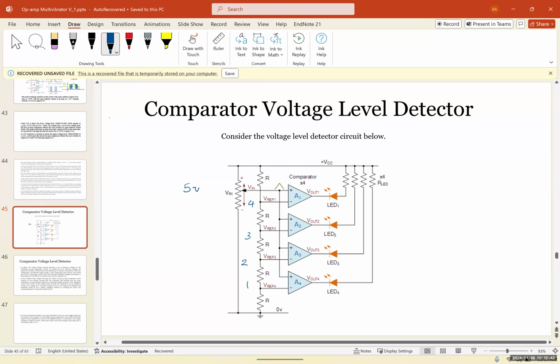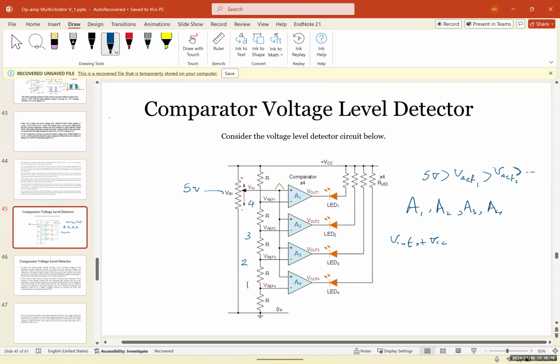So when VR1 is 5 volts, it's greater than V reference 1, V reference 2, V reference 3 and V reference 4. Therefore, for A1, A2, A3, and A4, all of them, V output would be equal to positive VCC. Therefore, all of them would be turned on, and you have all the LEDs turned on.